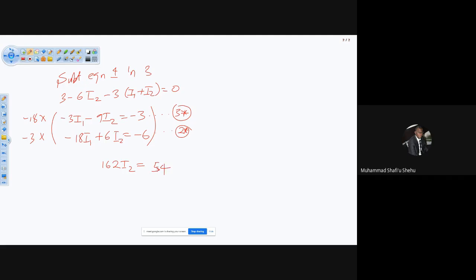And then the second equation, we're going to multiply all by minus 3, we're going to have minus 18 I2 equal to 18. So remember, we are eliminating minus, minus, we're going to have 1 I2 equal to 36.